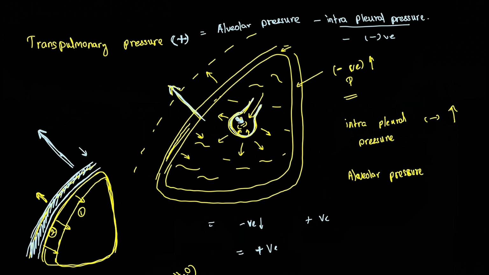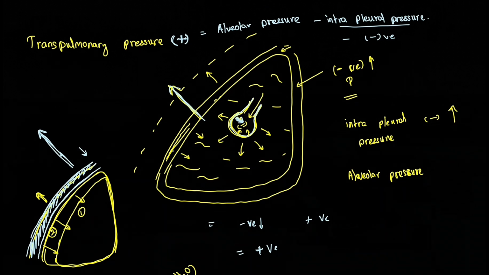So we have seen the pressure inside the pleura, called the intrapleural pressure, the pressure created by the air, the alveolar pressure, and the elastic force created by the tissues inside of lungs.